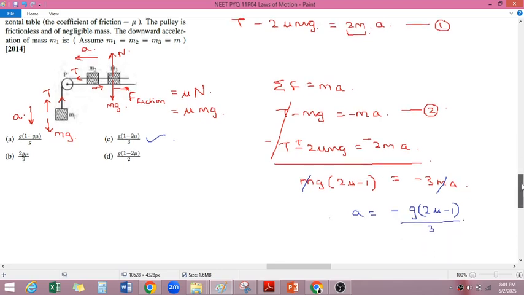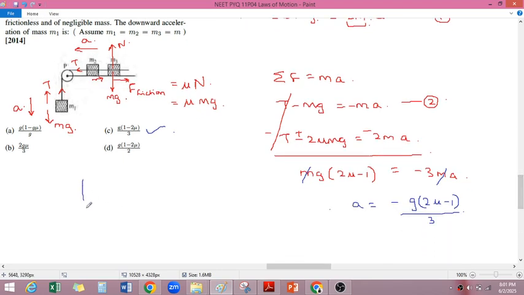Or if you are not convinced, you can imagine you have a huge block, let's say 50 kg or 100 kg. And how come we are able to push it? Because we are giving the force this way, even though the gravity is acting this way. We are giving a force this way.